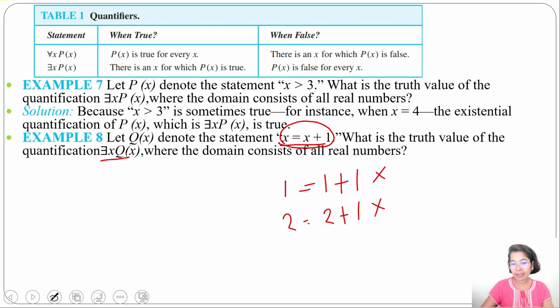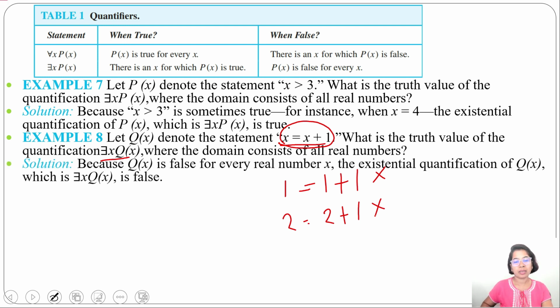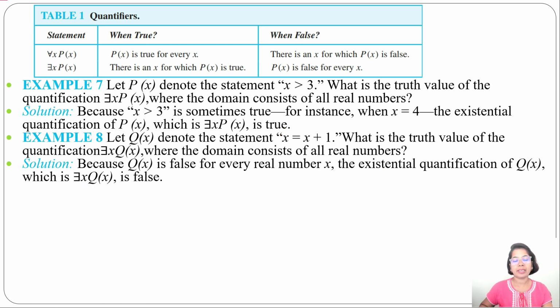So for any x value, x is not equal to x plus 1. So because Qx is false for every real number x, the existential quantification there exists x Qx is false.